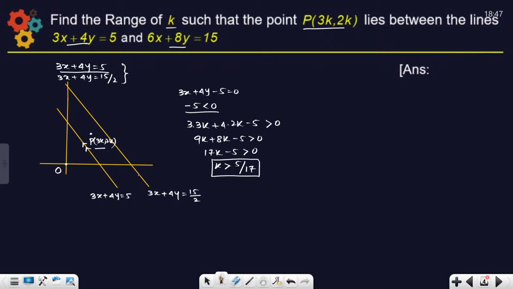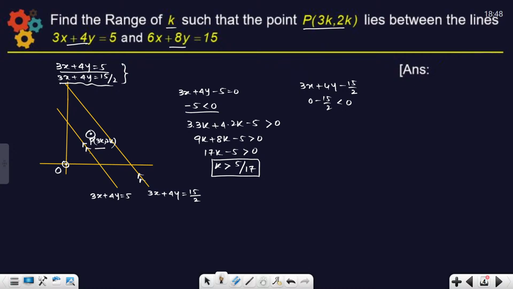Now for the second line, this point P and the origin are lying on the same side. Now if I put the origin in this expression, we can easily see that we are getting a value less than 0.